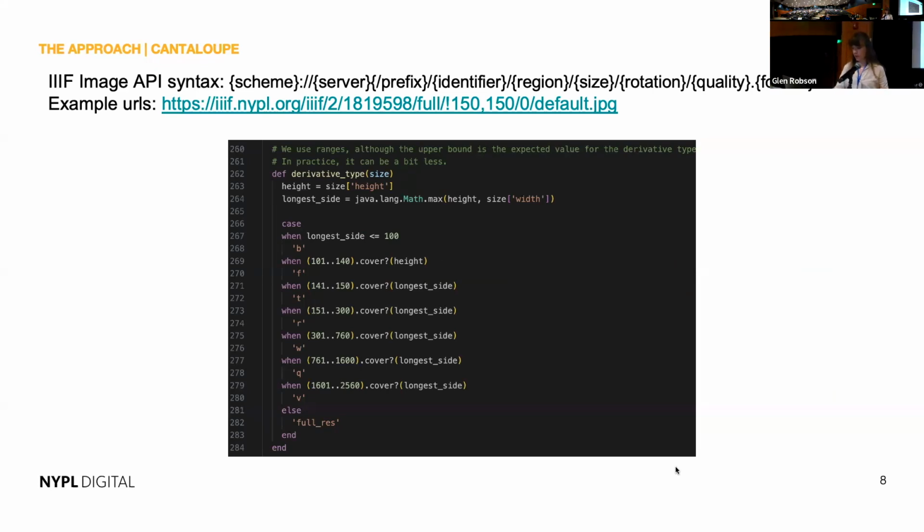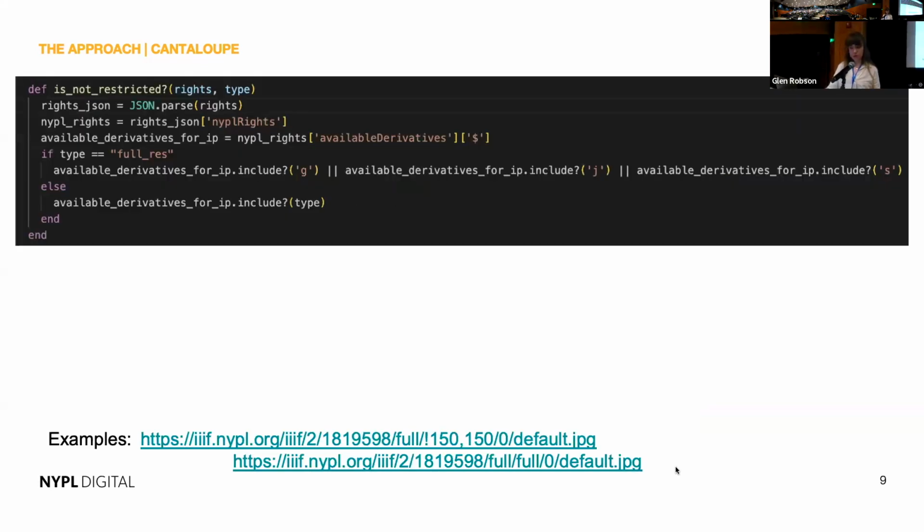And then we get the rights profile from the endpoint, which we have to pass in the image ID and the IP address from the request. And then we determine if the derivative is allowed to be returned by the server by comparing the derivative that was being requested to the list of available derivatives returned by the endpoint.